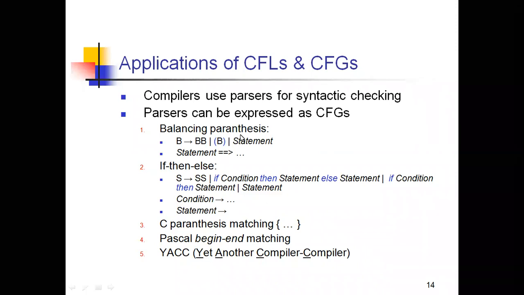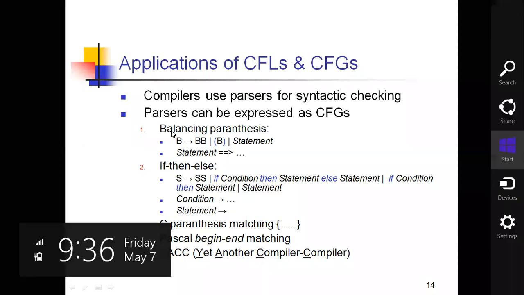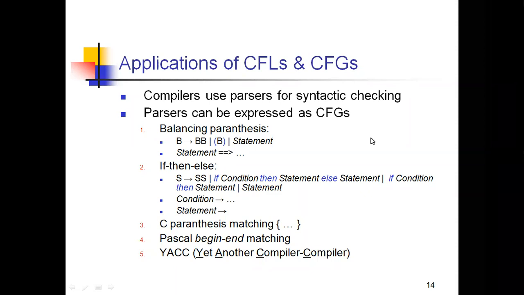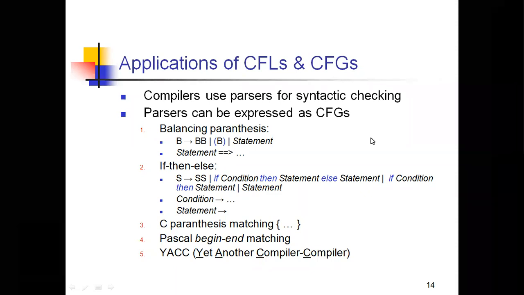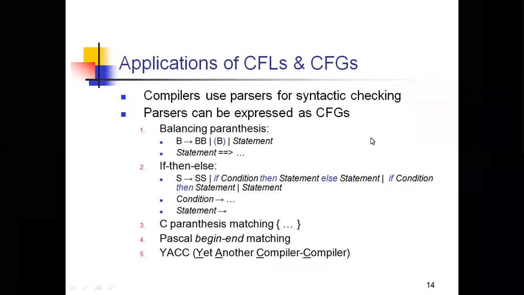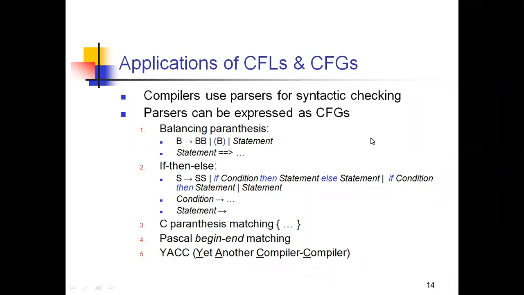The first application of context-free grammars or context-free languages is that compilers use parsers for syntactic checking. I think you all know what compilers are. Compilers are nothing but mediators, acting between the input and the output. Whenever you are doing program execution, you are familiar with the compilation process.